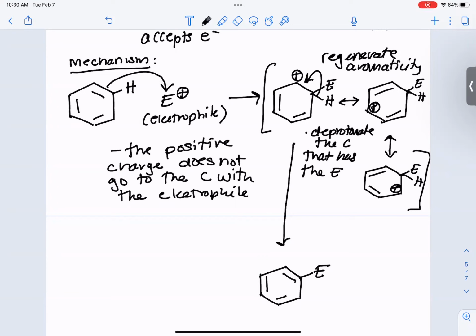So what we're going to do is now I'm going to give you a series of electrophiles and a series of reagents. And then we're just going to go down the list.